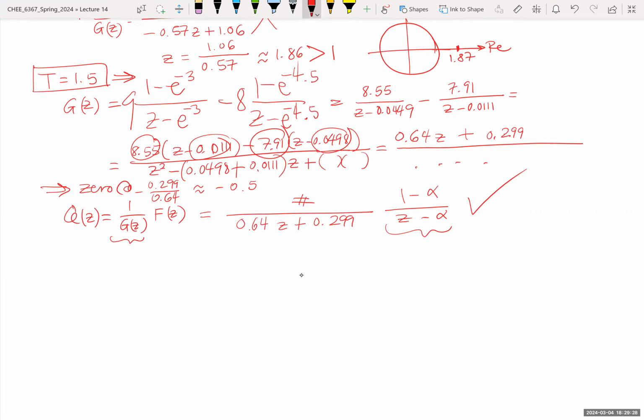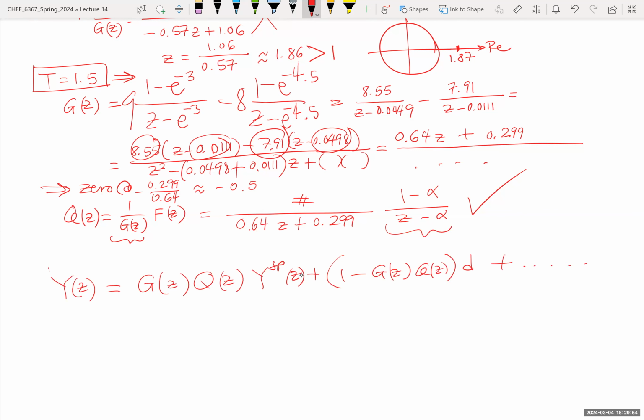designing the controller, because I know that if I have the closed loop, y of z is g of z times q of z, y set point of z, plus 1 minus g of z, q of z times the disturbance, perhaps with things that have noise and all that. And because now q of z is this expression up here, I can just put this q of z there.